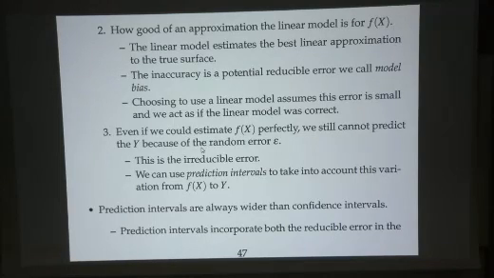Remember that y equals beta naught plus beta 1 x1, and so on, plus an additional epsilon. Because of this additional epsilon, there is what is called the irreducible error that we also saw before. We need to consider this irreducible error when we do prediction intervals.